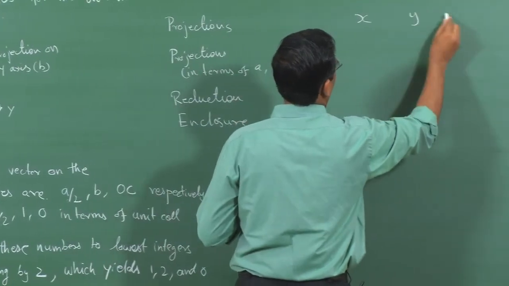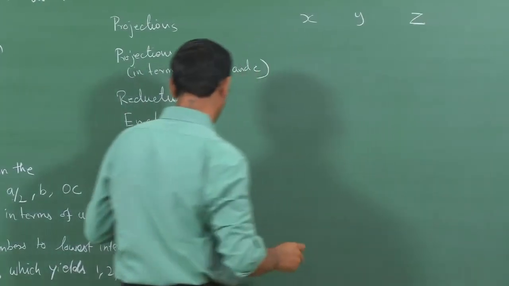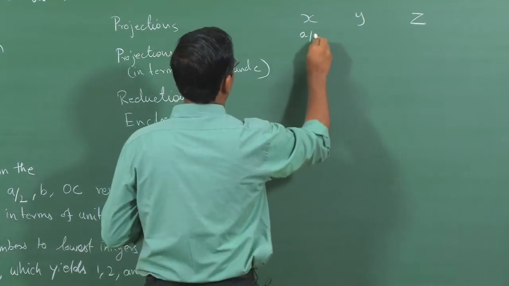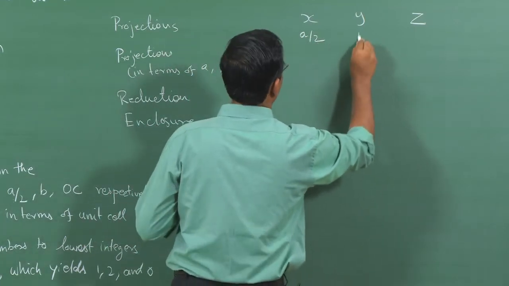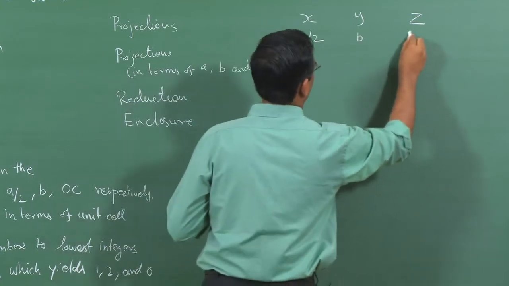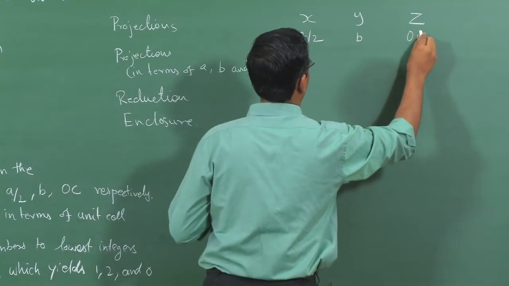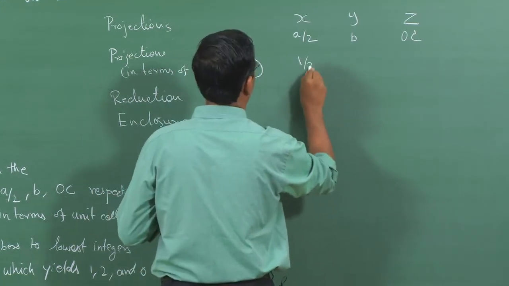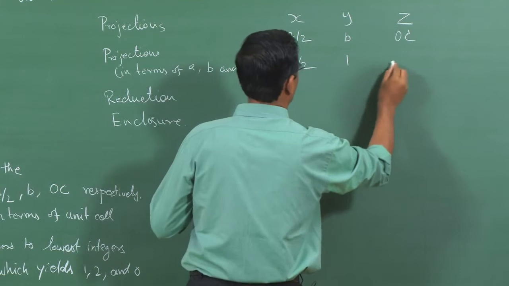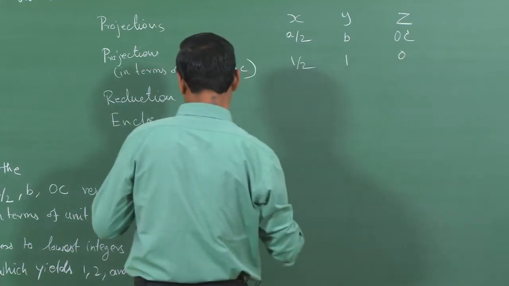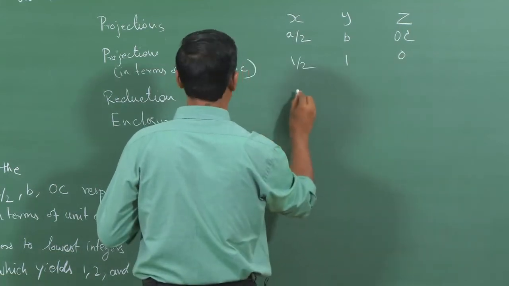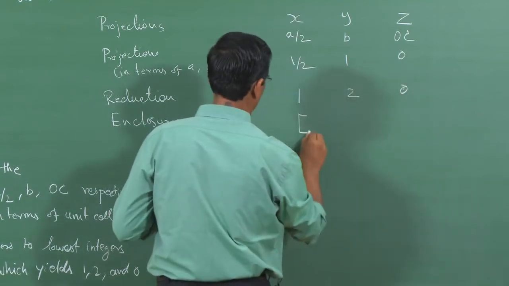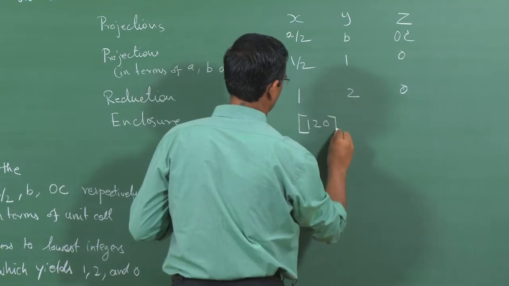So, you can also create this kind of a table to make it much simpler. So, this is a by 2, b and 0 c, and this becomes half, 1, 0, this is 1 2 0, the direction is 1 2 0.